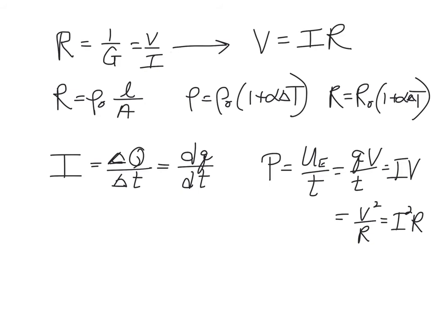Okay, let's summarize what we learned, and I've written down all the equations that you will see on your equation sheet and the equations you need for this week's assignment. So the resistance of a wire is 1 over the conductance, the inverse quantities.